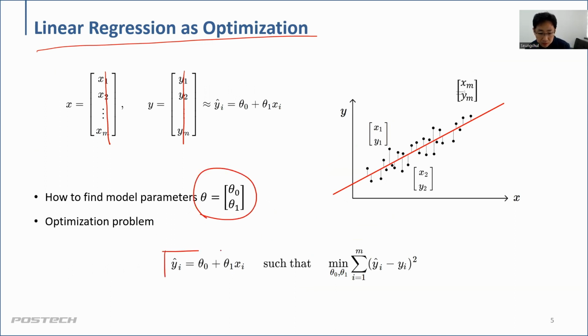Assume a linear model, and minimize the difference between the measured data point, the true value, and what is predicted by the model, squared, and take it over the entire set of data points, the same as a summation, and minimize it.